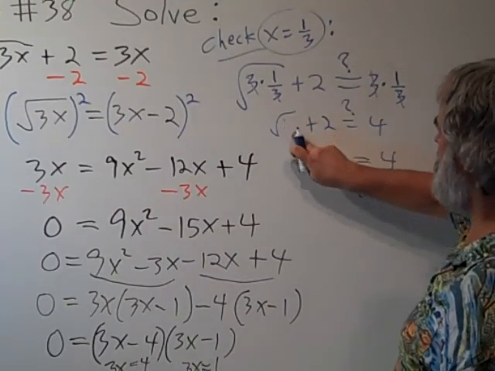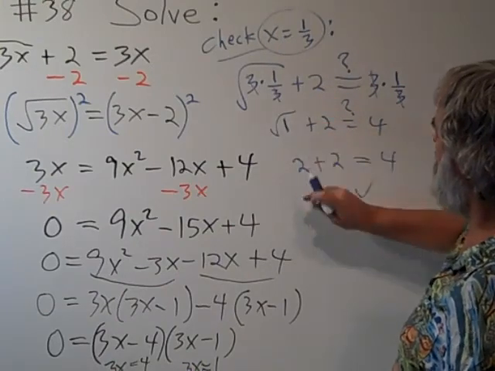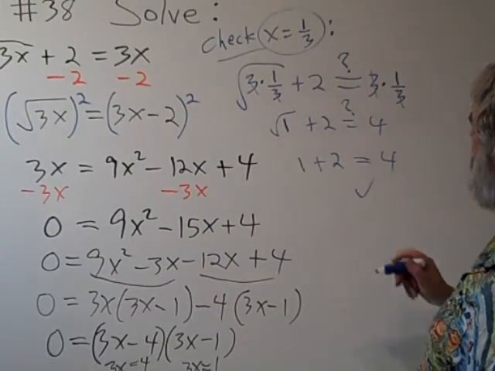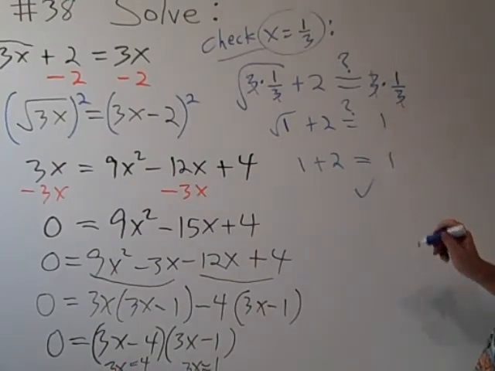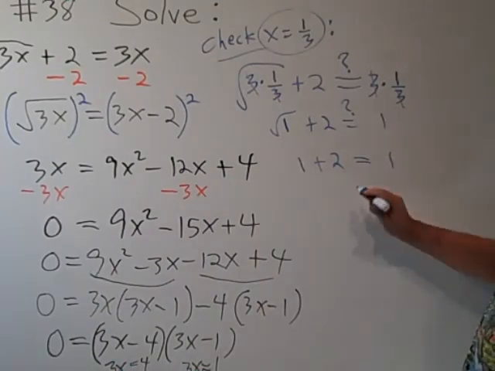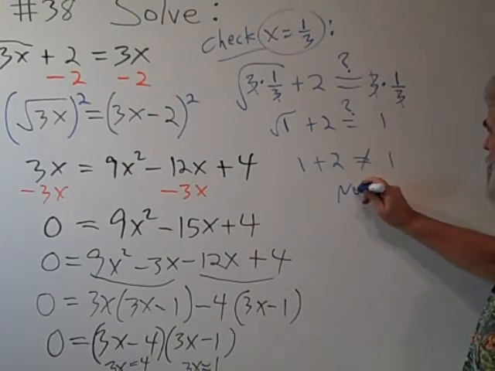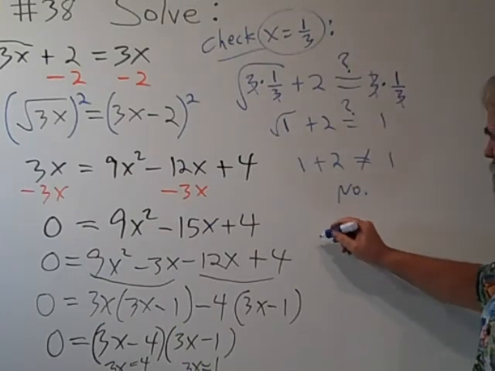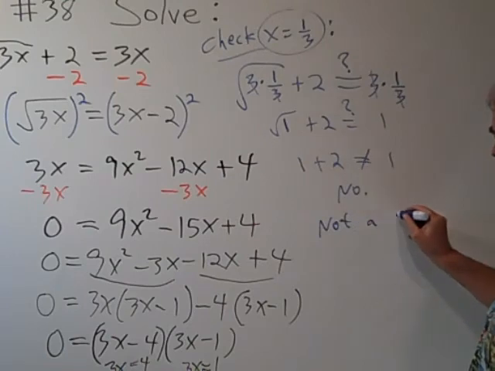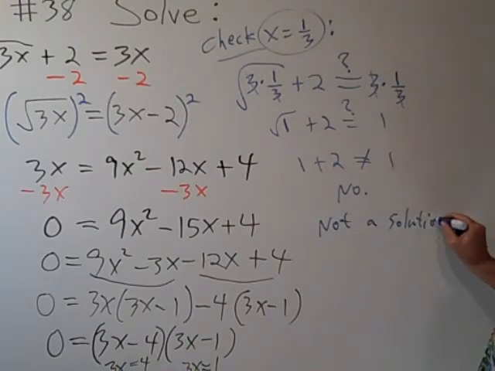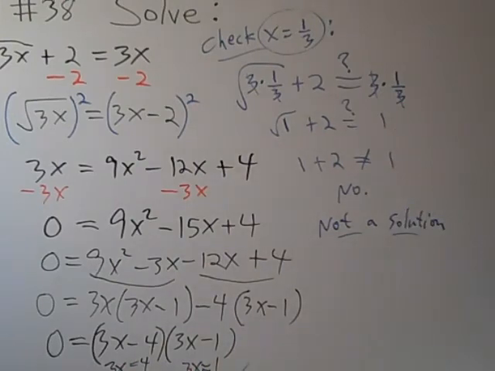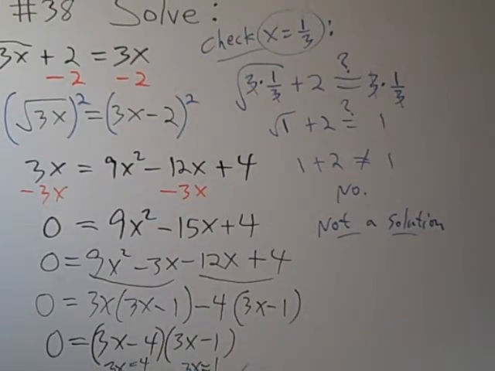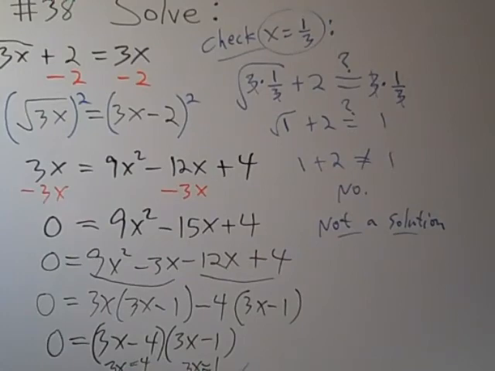So in this case, instead of a 4, it's just a 1 there, and the square root of 1 is 1. And on the other side, it's simply equal to 1. And this time, it's not true. So this one is not a solution. So this one we have to throw out. And there's only the one valid solution.